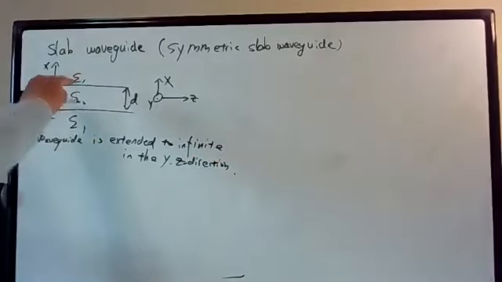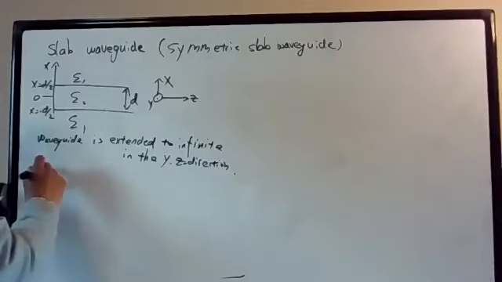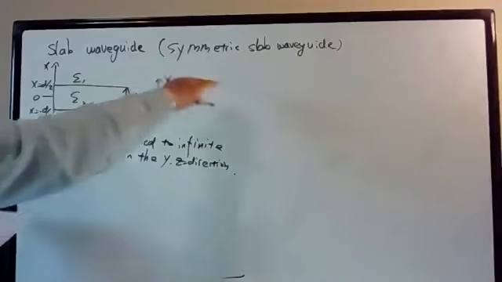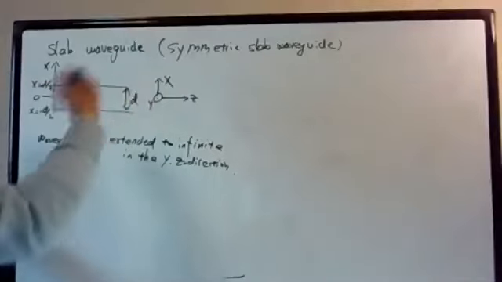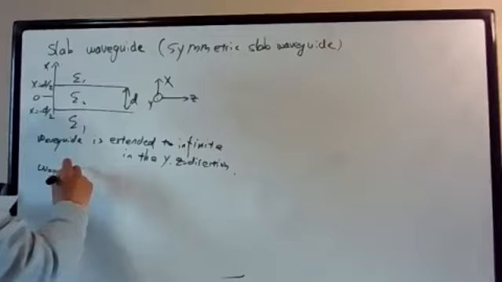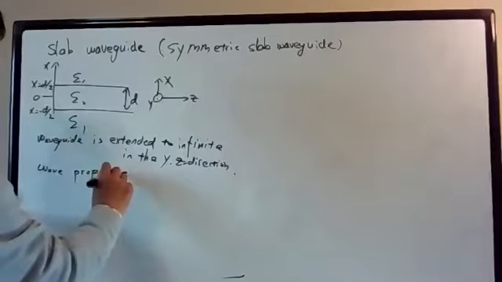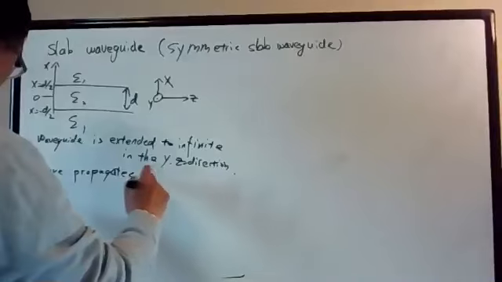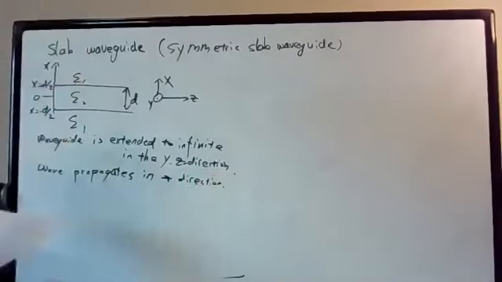And we want to say this electromagnetic wave, let's assume, is propagating in the z direction. It could propagate in y, right? But let's just assume it is propagating in z. The wave propagates in the z direction, right?